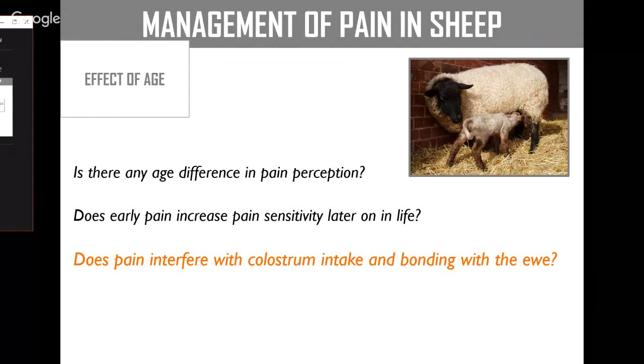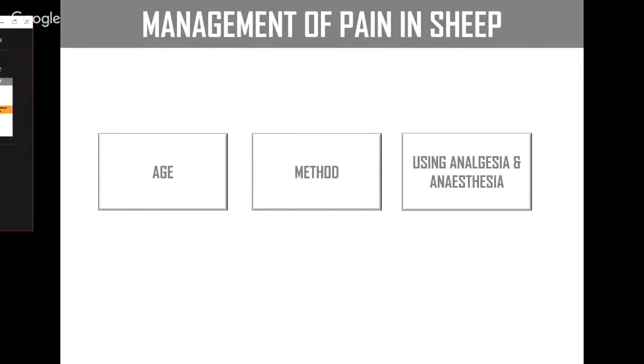And this is why in a number of guidelines, it is recommended that practices such as castration and tail docking are done once the lamb has established the bond with its mother and it has drunk colostrum, to avoid interfering with those two behaviors. Okay, so that's it as for age.